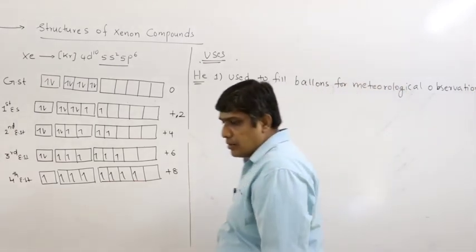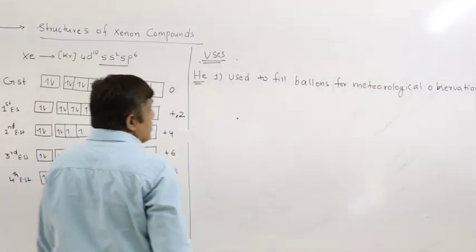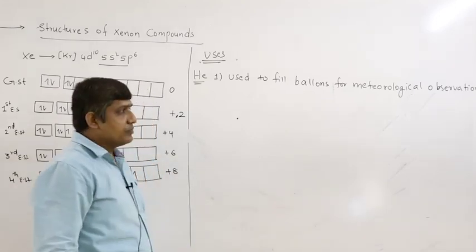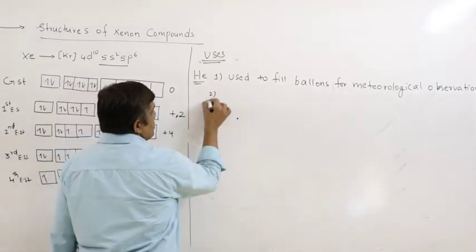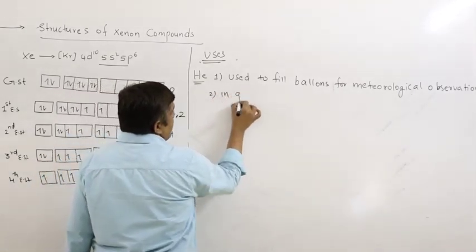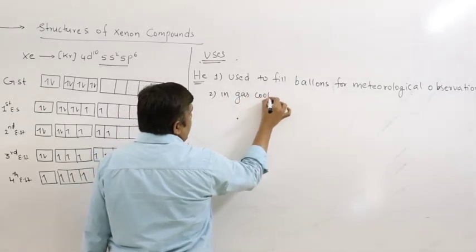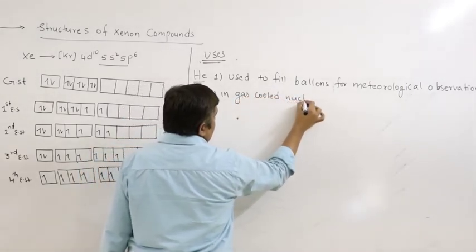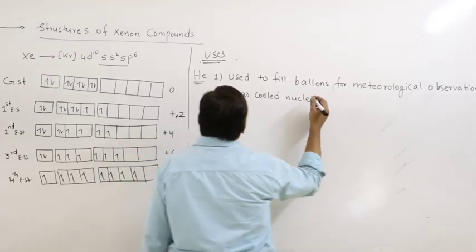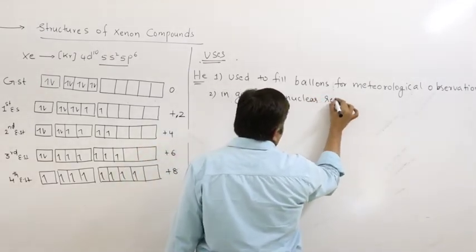So for meteorological observations, we use balloons that are filled with helium. Helium is used in gas cooled nuclear reactors as moderator.